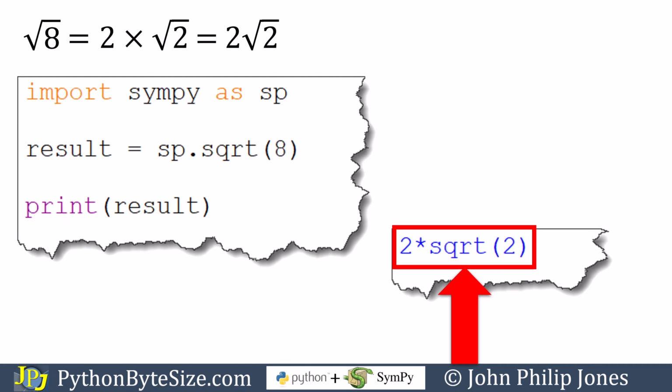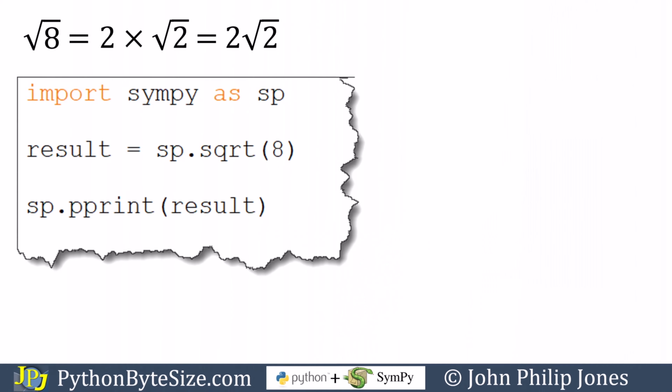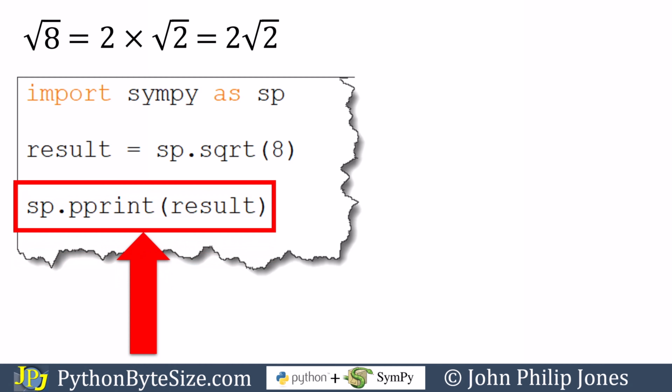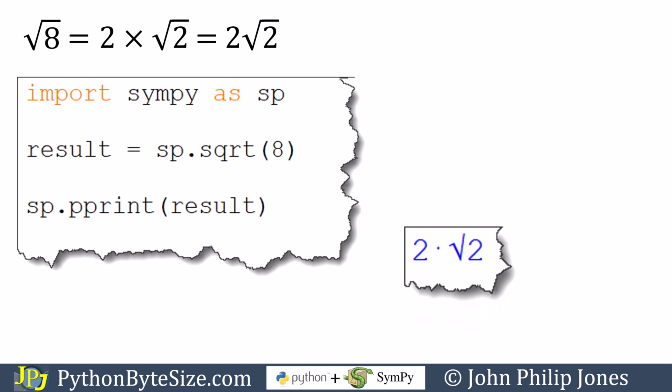I'm going to amend the computer program on the next slide, and you can see the alteration is here: I'm using sympy's pretty print function. When you execute this program, what you're going to see is this.